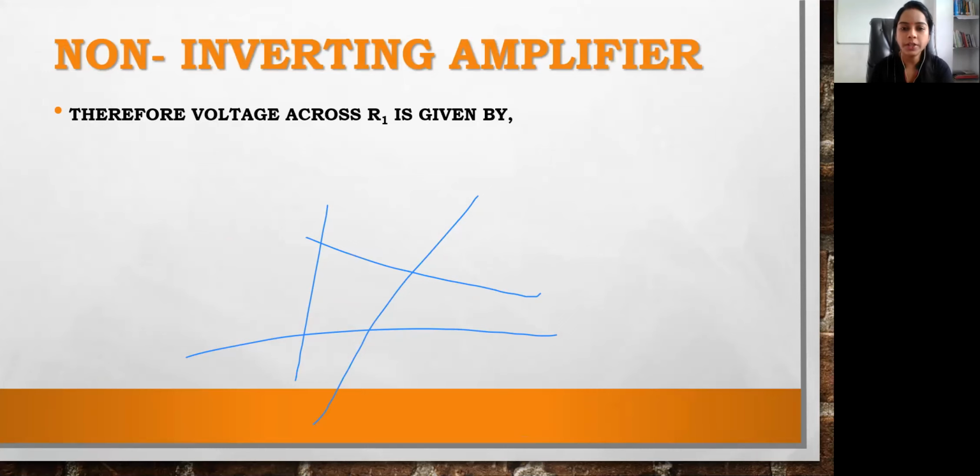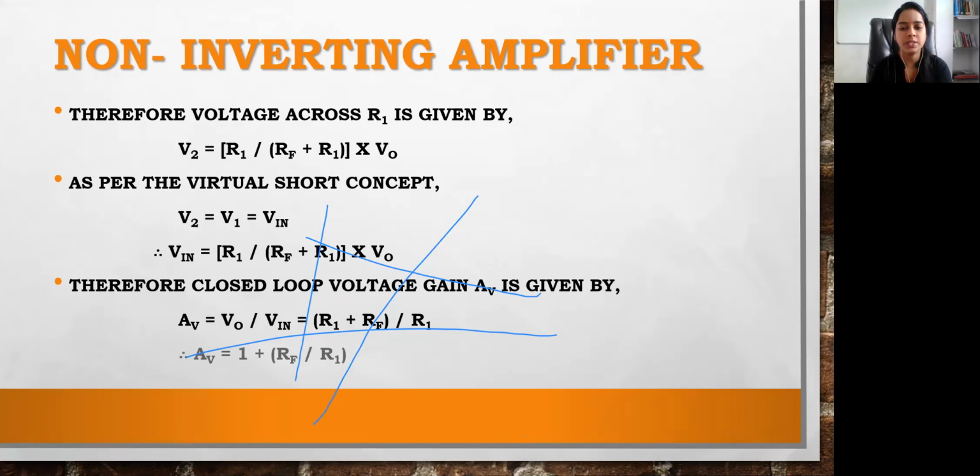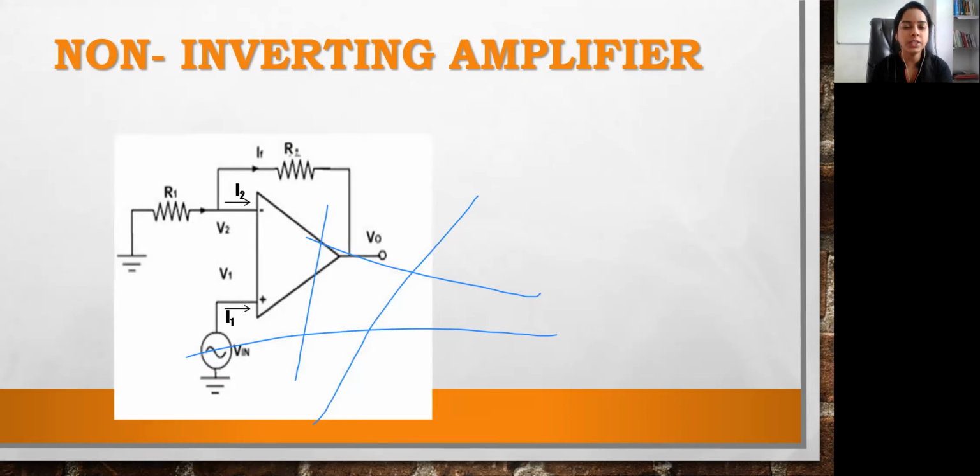So this is a non-inverting amplifier. Here the equation for this type of amplifier can be given as, one second, I'll just go to the circuit diagram. So this is the non-inverting amplifier. In a non-inverting amplifier we give the input at the non-inverting terminal, that is the positive terminal.